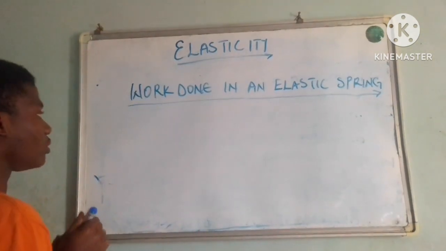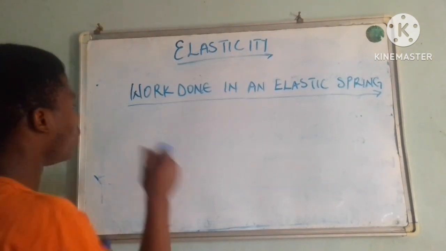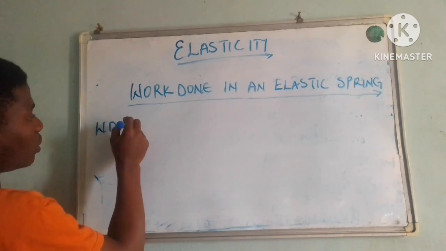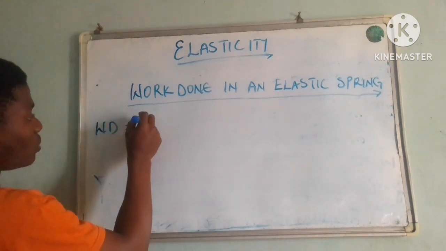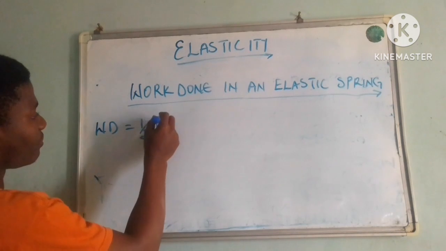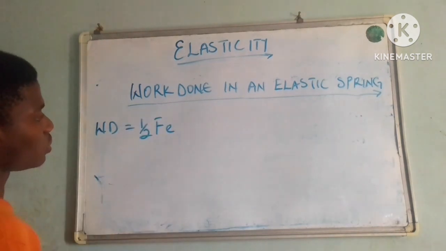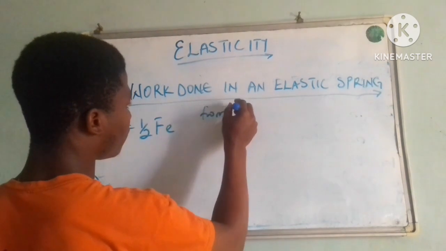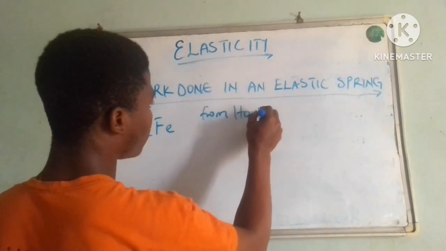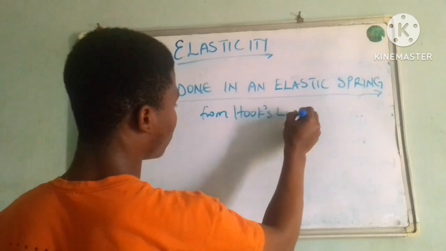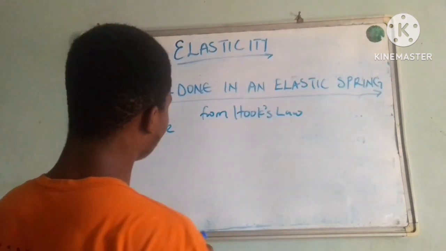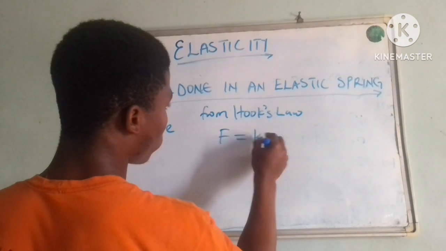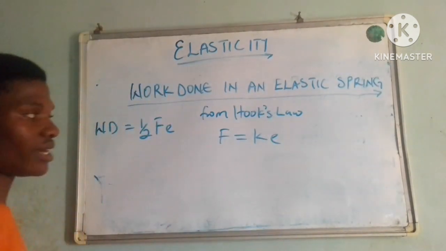So we've established the fact that work done in an elastic spring is equal to half Fe. From Hooke's law, we say that force is equal to Ke, right?